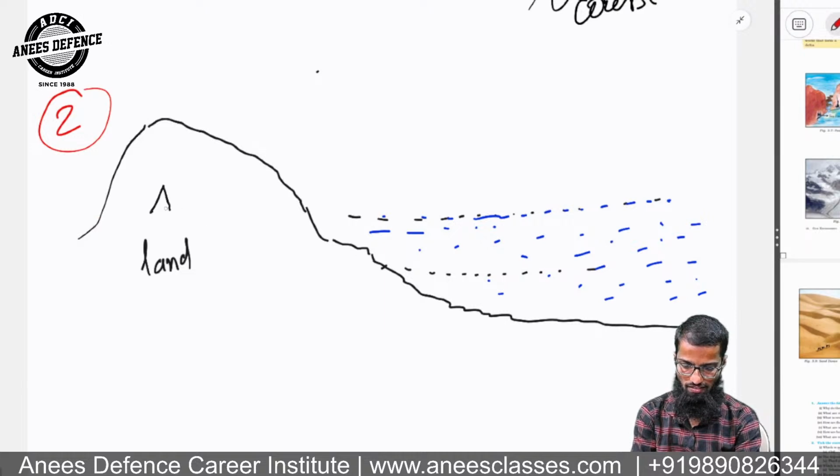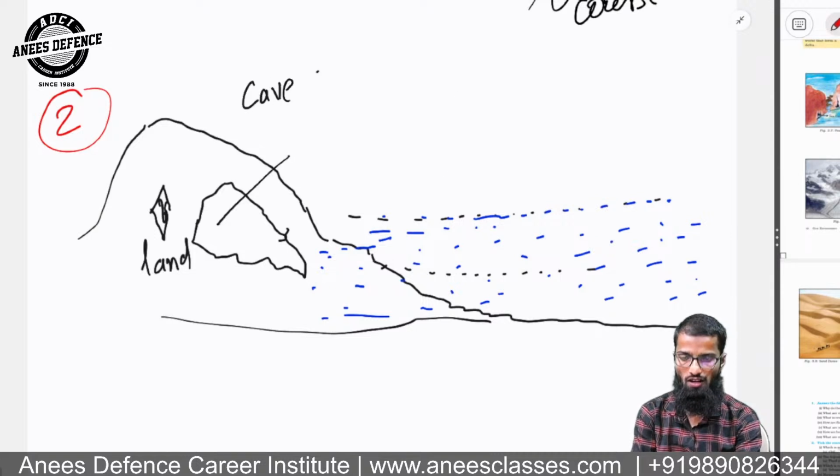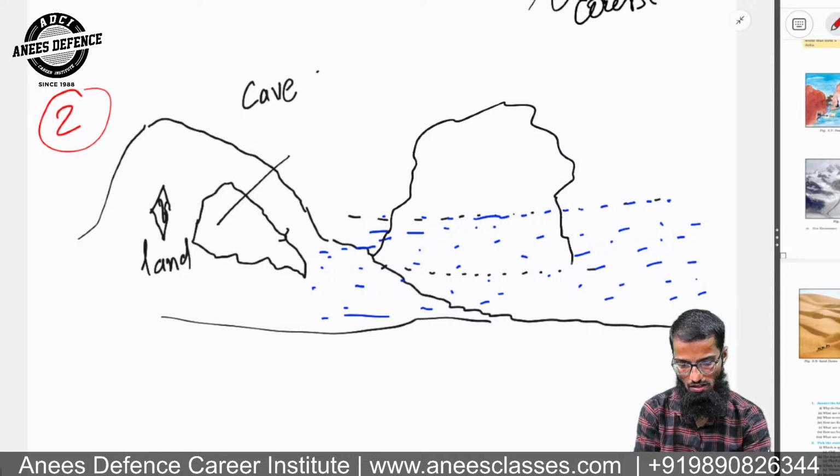Earlier it was a crack, let us say, and it led to the formation of a cave. Now you will see this is the cave. Okay, and further you will have an arc. Let us say this is the arc.